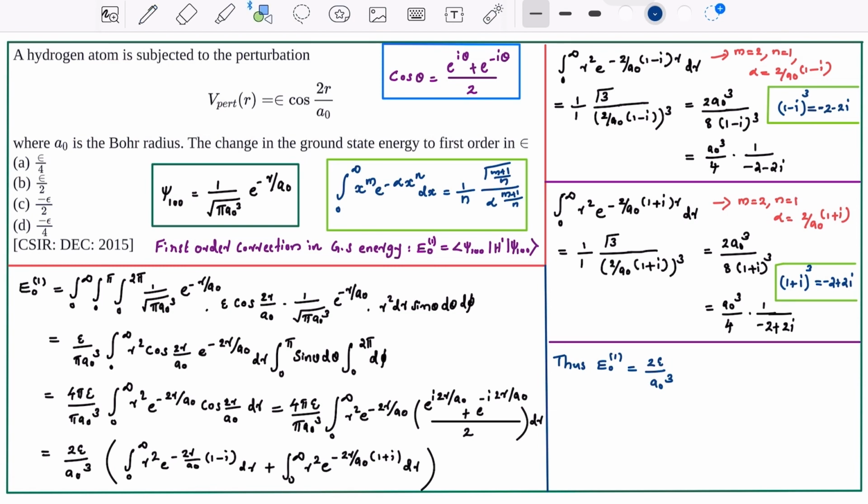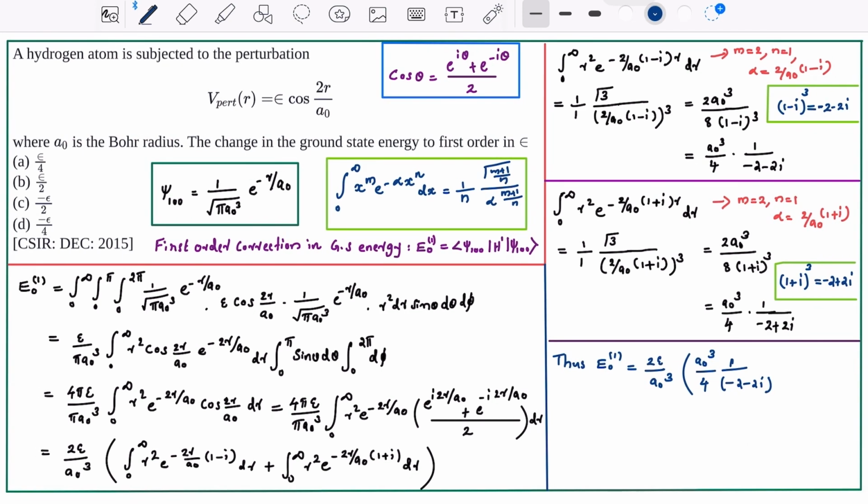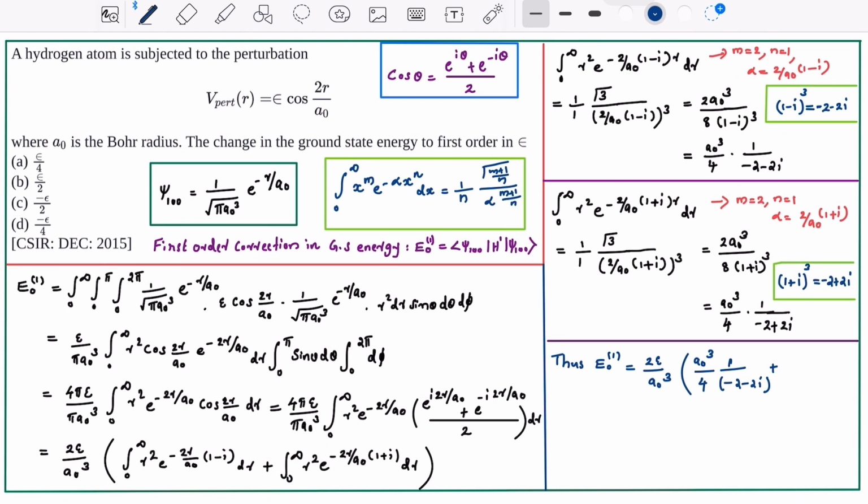Now we will get the first order correction in ground state energy E01 as 2 epsilon by A0 cubed, within the bracket, the value of the first integral A0 cubed by 4 into 1 by (minus 2 minus 2i) plus A0 cubed by 4 into 1 by (minus 2 plus 2i). Close the bracket.